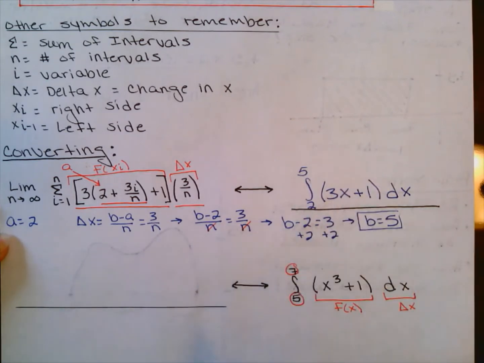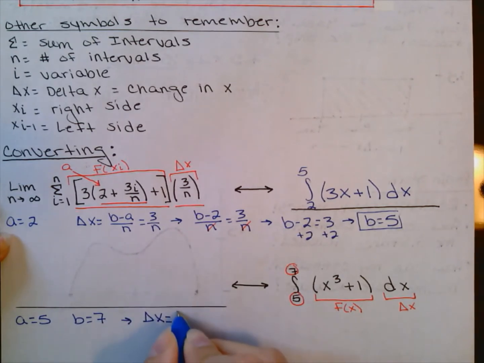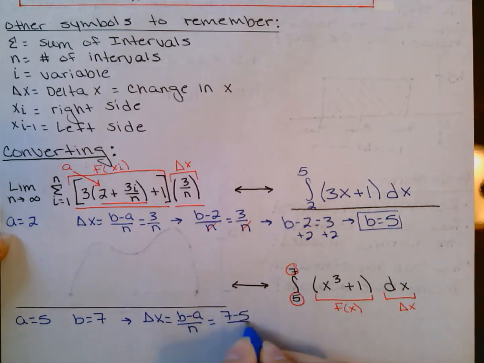So, step 1, if a is 5 and b is 7, now I can solve for delta x, which is b minus a over n. So I can say 7 minus 5 over n, which gives me 2 over n. Okay, all I did was find my delta x.